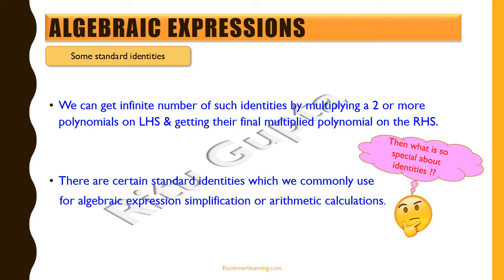So that is where the identities become important. We could create infinite identities, but there are certain standard identities which we generally use going forward in all the simplifications and calculations related to algebraic expressions as well as in arithmetic calculations. We'll see how we do that.